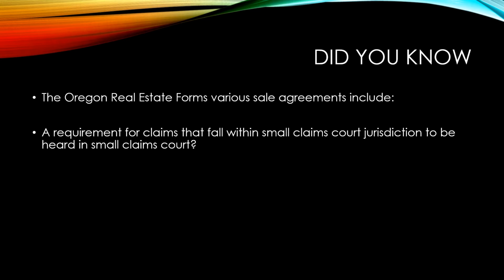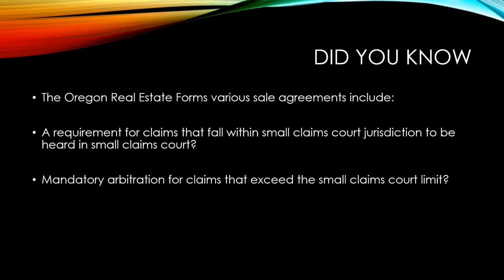The current small claims court limit for Deschutes County is $10,000. Most claims are less than $10,000, so you're going to end up in small claims court if you have a dispute. All of the sale agreements have a mandatory arbitration clause for claims that exceed the small claims court limit. So there's no option to go to court except for small claims court. Then we advance to arbitration.